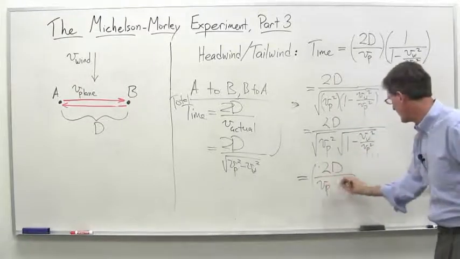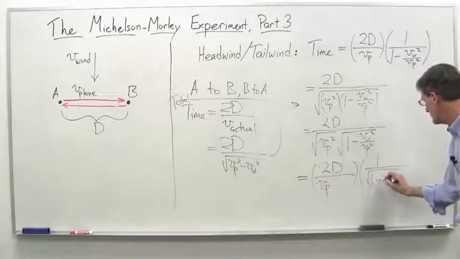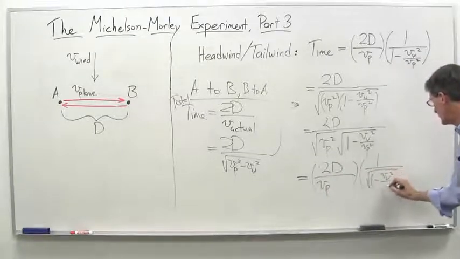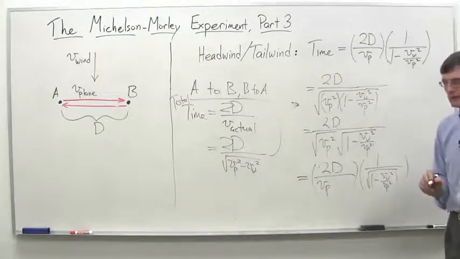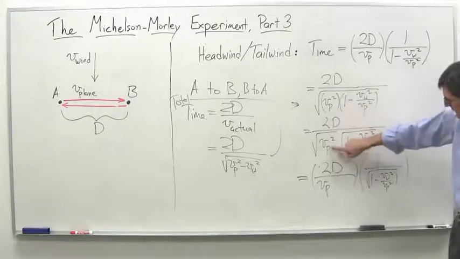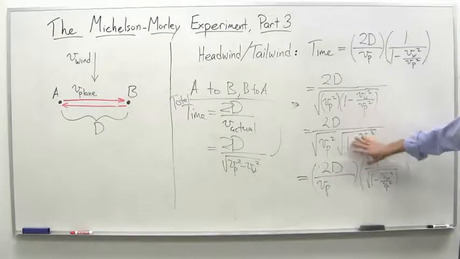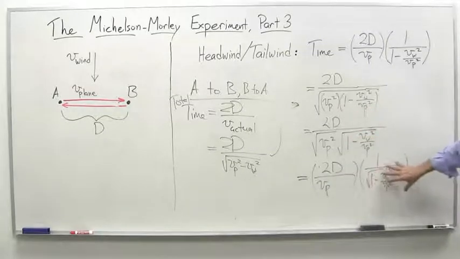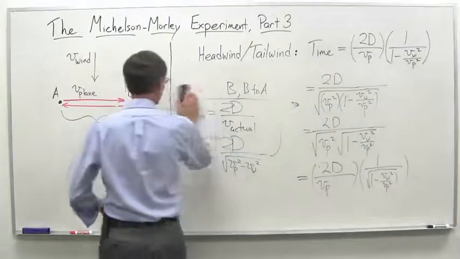And I've got this other factor here, which I'll write as 1 over the square root of 1 minus Vw squared over Vp squared. Okay? See where we got that? So here I had the 2d. This just becomes the Vp. And this second part here, the 1 over this, I just pulled out as a separate term there. Okay? So let's just rewrite that, clean it up a little bit here.